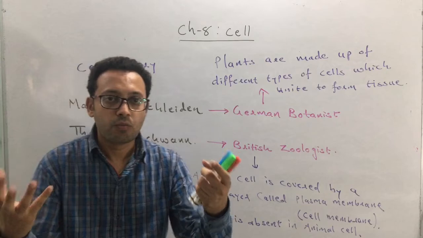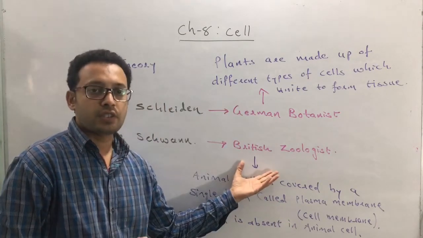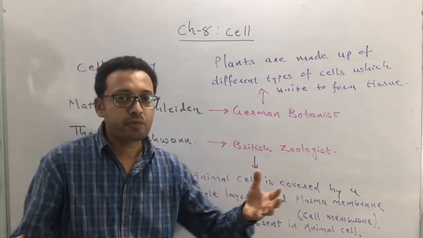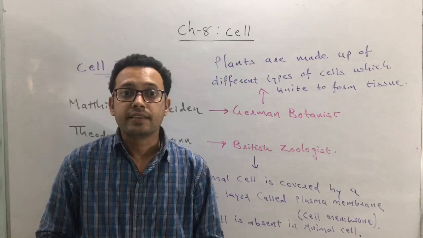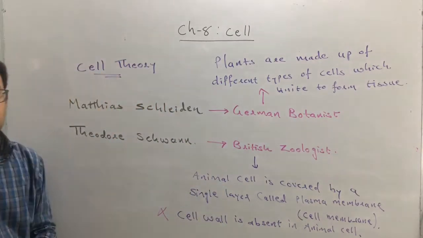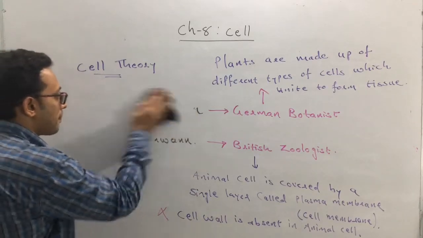Now what happens? Both the scientists came together. One is from Germany and the other is from Britain, Great Britain. They came together and formulated the cell theory. So what are the points under the cell theory?